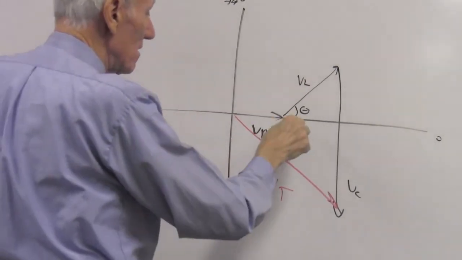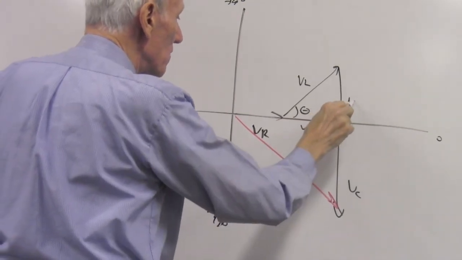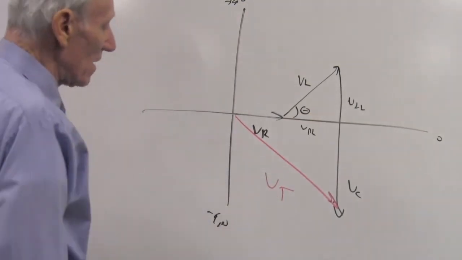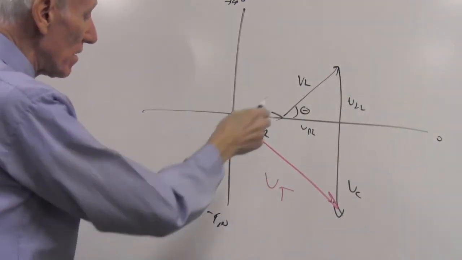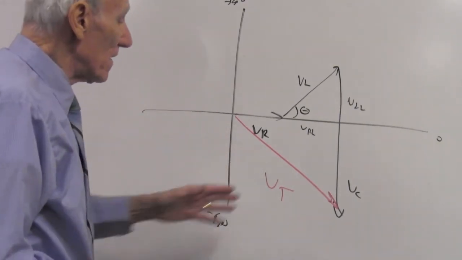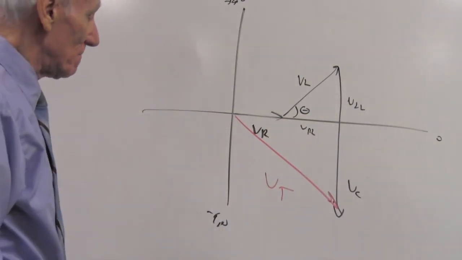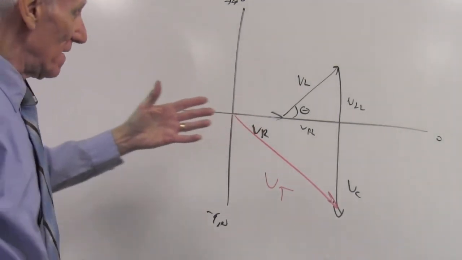You can calculate the x and y components here. This is V sub RL, and this is V sub LL. We talked about that a bit ago. And the voltage across the capacitor, in a pure capacitor, is plotted at minus 90 degrees. This is the minus and plus direction given by ELI the ICE man.